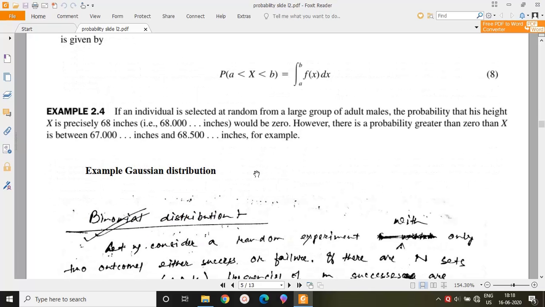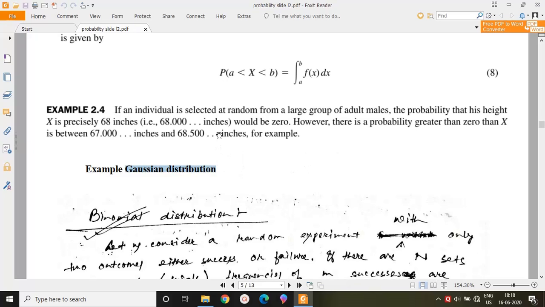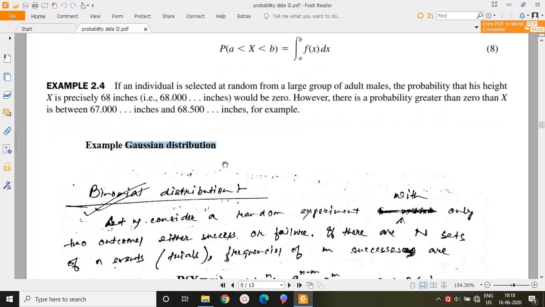A very important example is the Gaussian distribution. The heights of persons selected from a large group of adult males follow a Gaussian distribution. One can show it. Anyways, we'll deal with Gaussian distribution a little later.